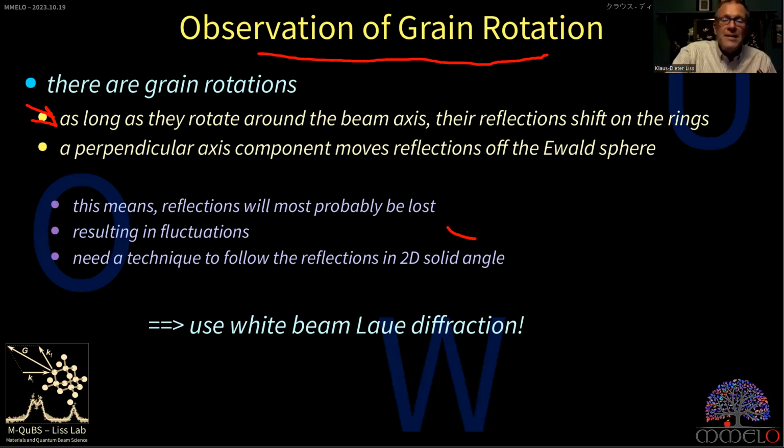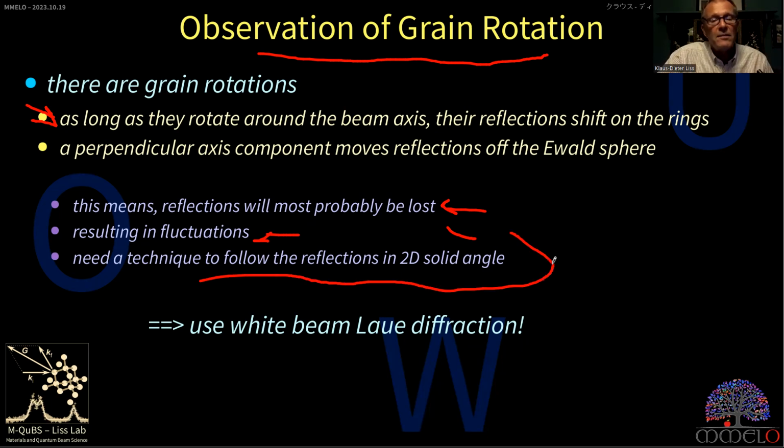That means the reflections will most probably be lost when they start to rotate, and that results in fluctuations, as I can show on monochromatic beam techniques, e.g. on AZ91. But what we need is a technique to follow the reflection in 2D solid angle.